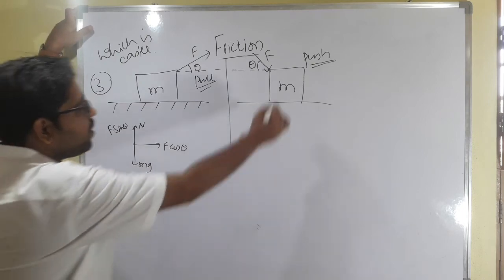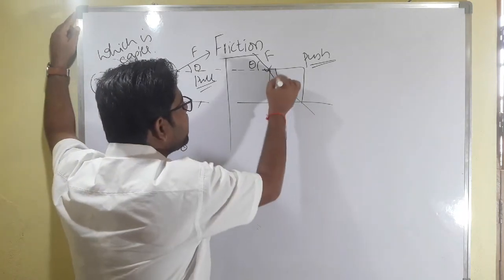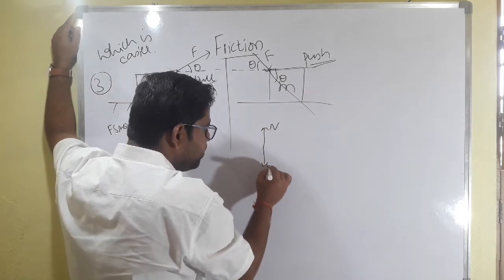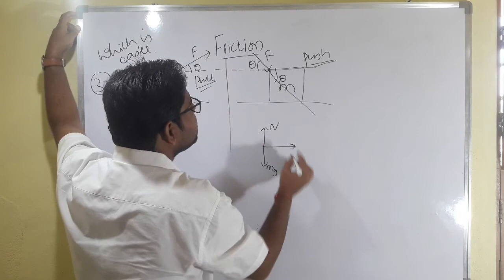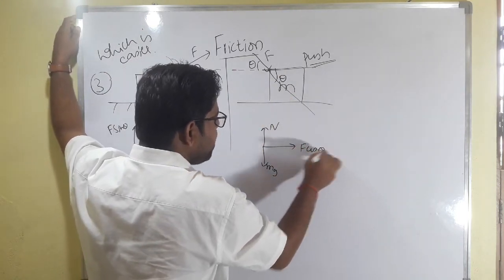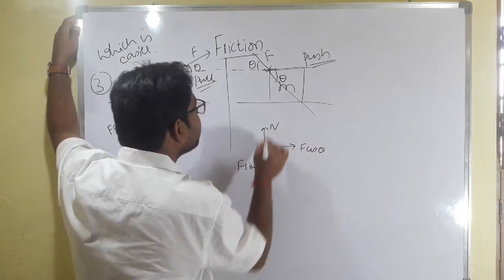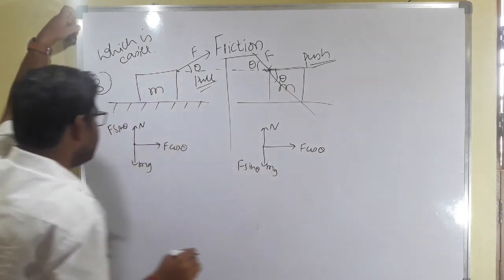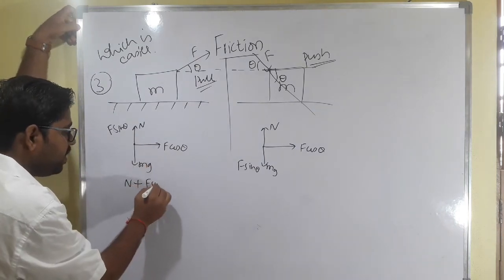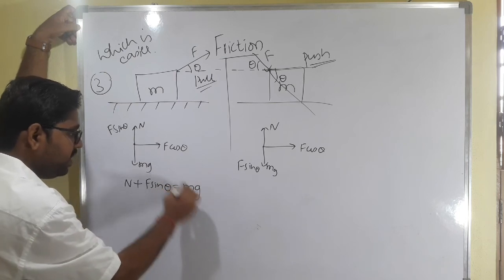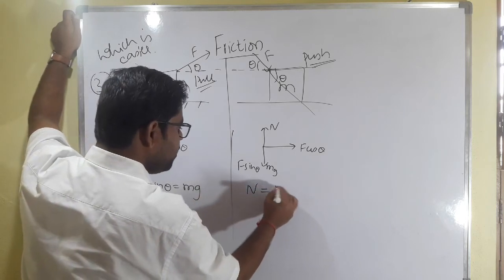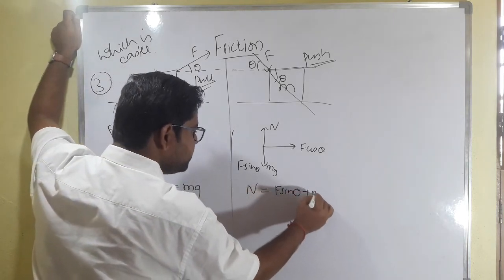And in the other case, it is making an angle theta, then normal reaction on the top, mg at the bottom, here F cos theta, and here F sin theta. Now N plus F sin theta is equal to mg in the first case, so N is equal to mg minus F sin theta. In the other case, N is equal to F sin theta plus mg.